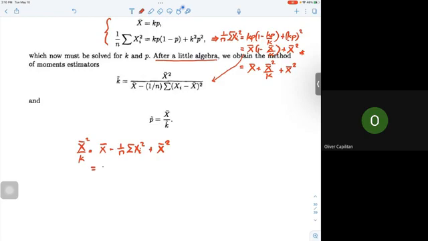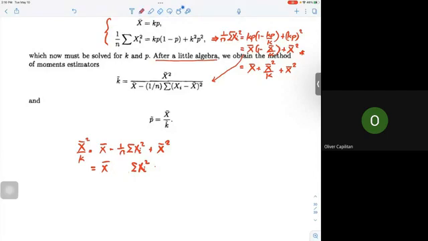Say we have here x bar, minus, in this case, we could have 1 over n, the summation of xi square, plus, let's just factor it first. Later.